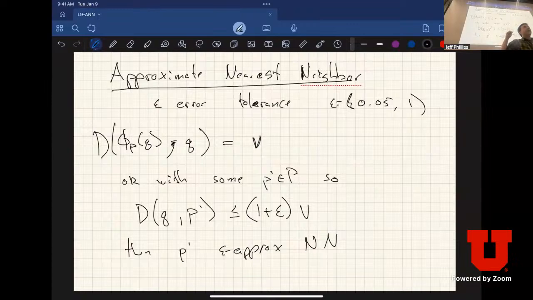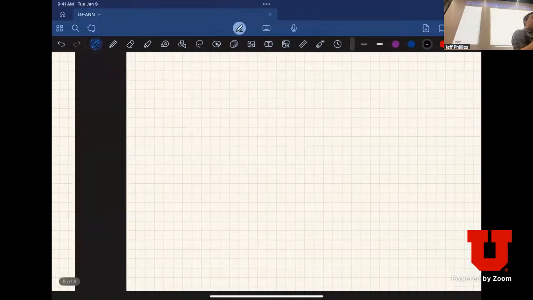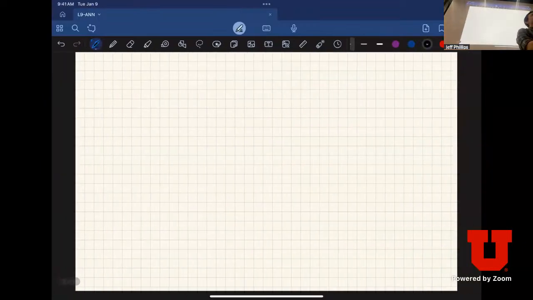Okay, so we'll talk about locality sensitive hashing again in a few slides. Locality sensitive hashing can only guarantee an approximate nearest neighbor, not necessarily the exact nearest neighbor. Okay. Let me look. I just want to say one more thing about the nearest neighbor problem.